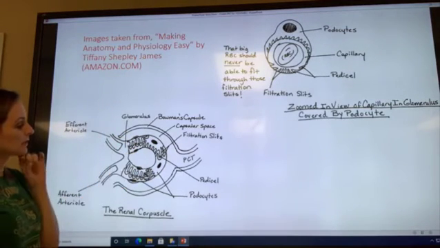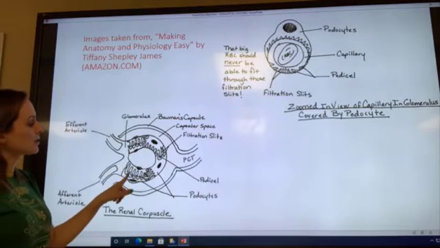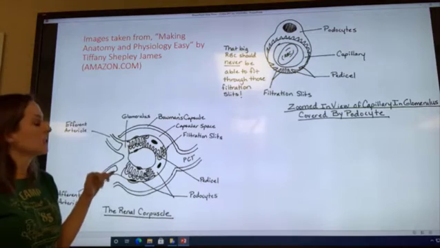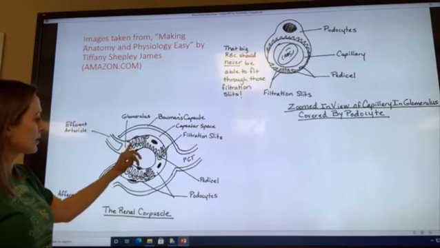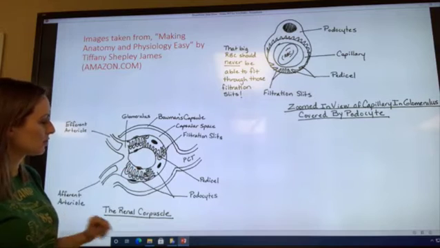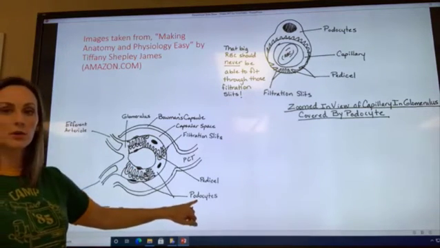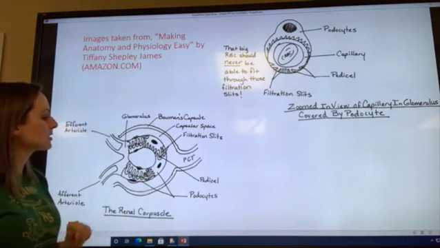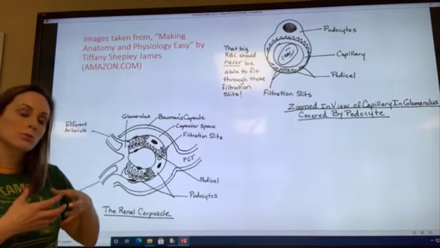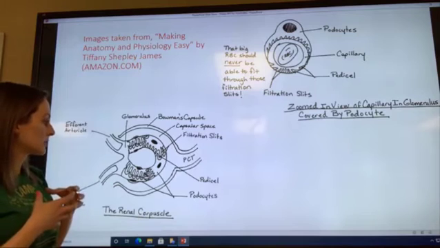Now I want you to focus in a little bit more at the glomerulus because there's something special on it that's kind of awesome. On the capillary bed are these weird little cells called podocytes. And these are cells that have little feet that wrap around the glomerulus.